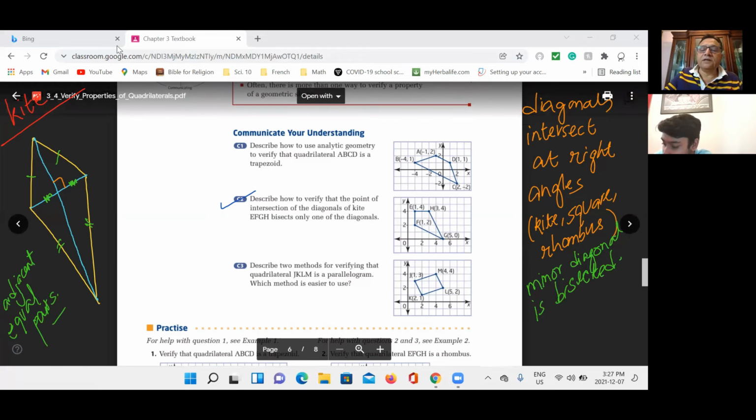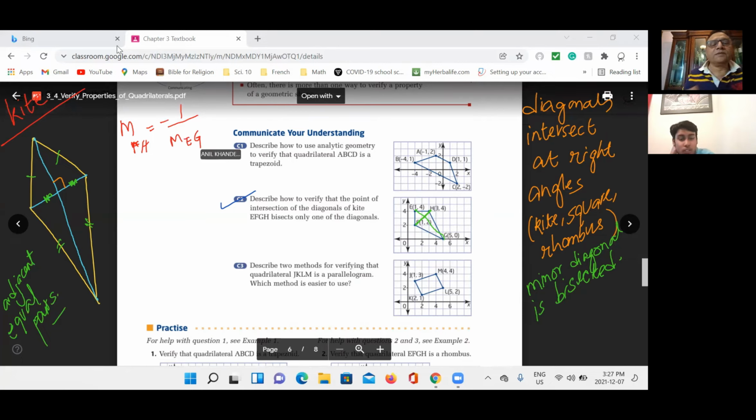So these are very typical properties of a kite. So in the given diagram, what will you do? You will find the slope of the diagonals, right? And then that slope should be negative reciprocal. Okay, sir. So the first thing, you'll find the slope of the line FH. That should be the negative reciprocal of the slope of EG.